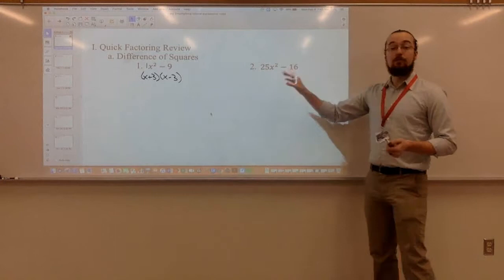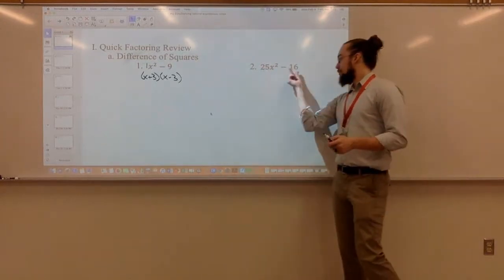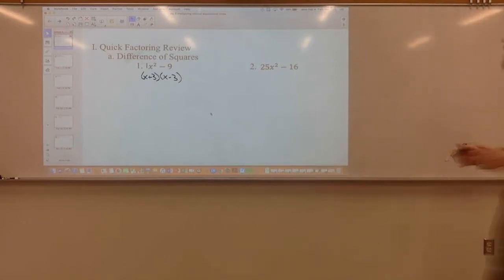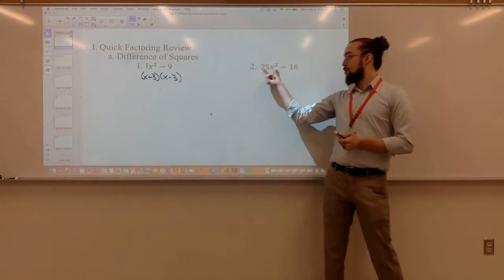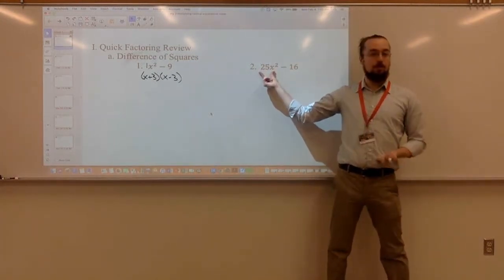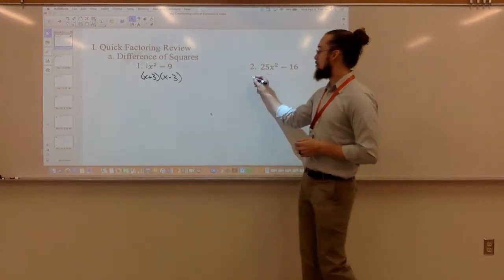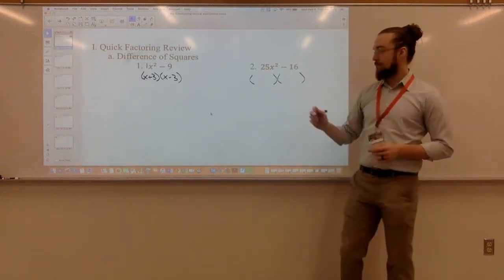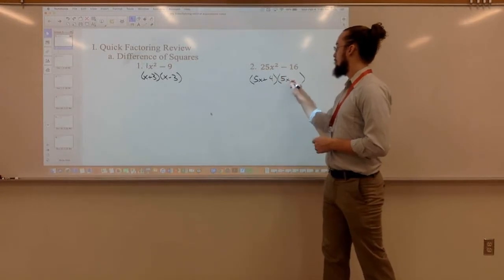How about this one? First, is there a GCF? No, there is not. 25 and 16 don't have any common factors besides 1. So now let's check to see if this is a difference of squares. Is 25x squared a perfect square? Yes. How about 16? Yes. So this is a difference of squares. How would this factor? 5x plus 4, 5x minus 4. Perfect.